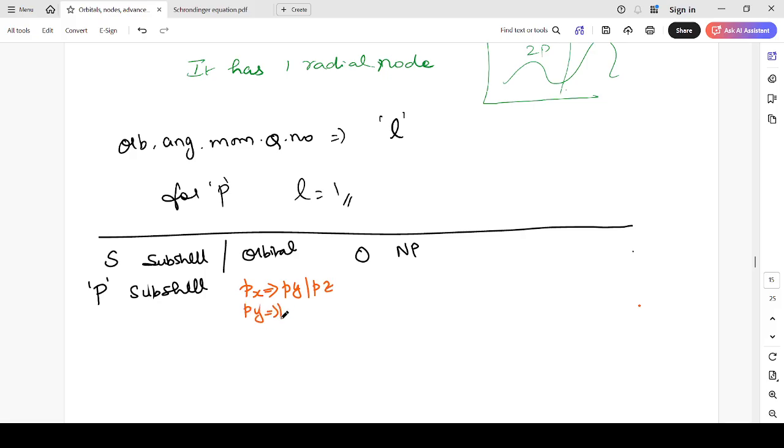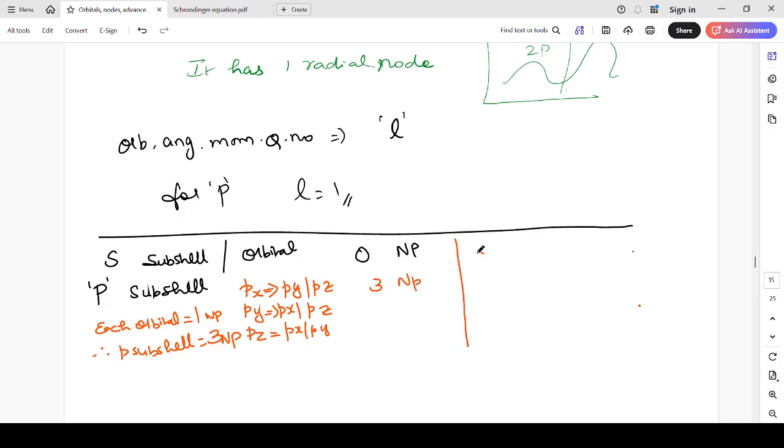For py, it could be in px or pz. For pz, it could be in px or py. So each orbital has one nodal plane. Therefore, the p subshell will have how many nodal planes? Three, ma'am.